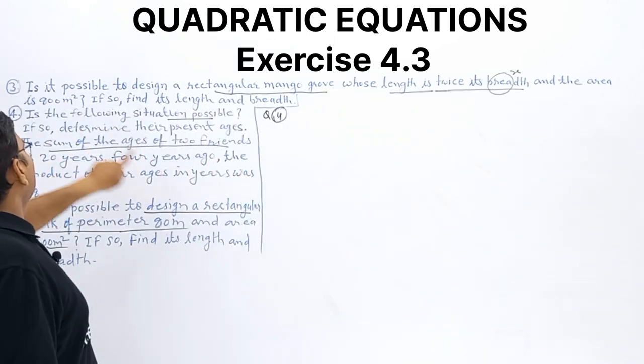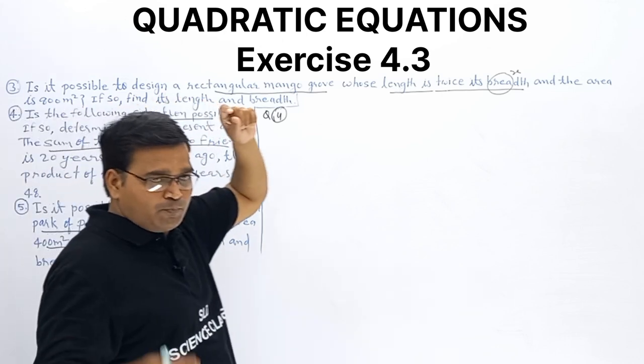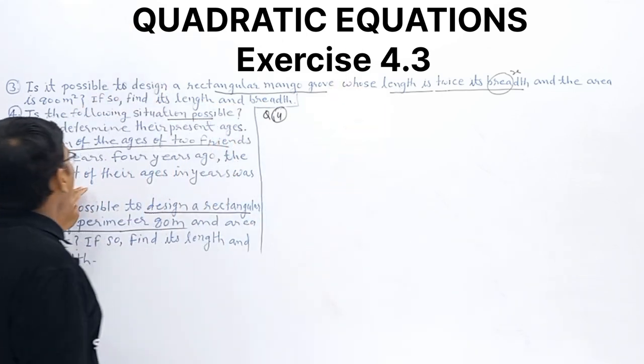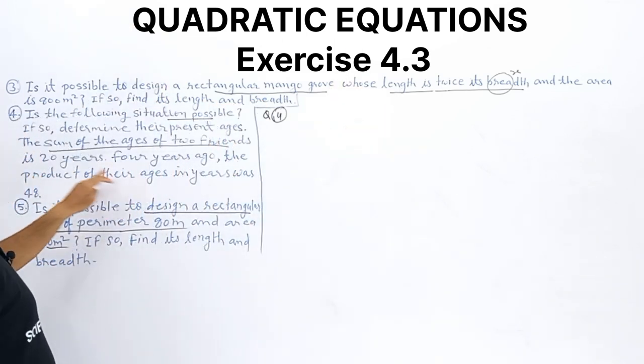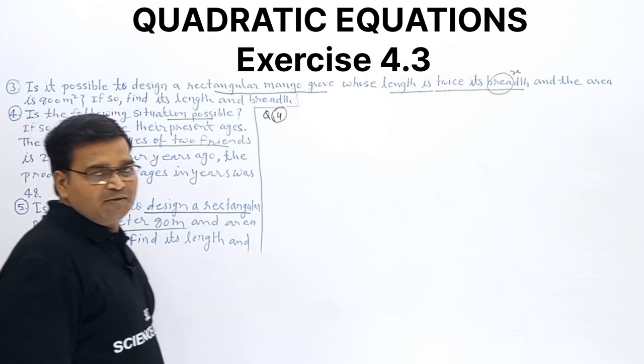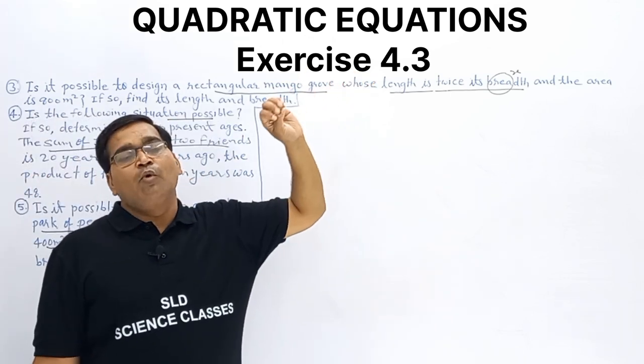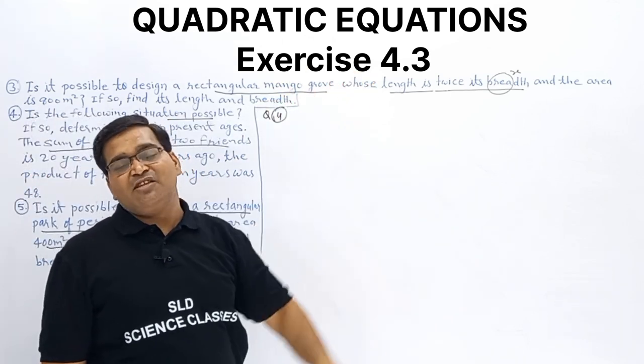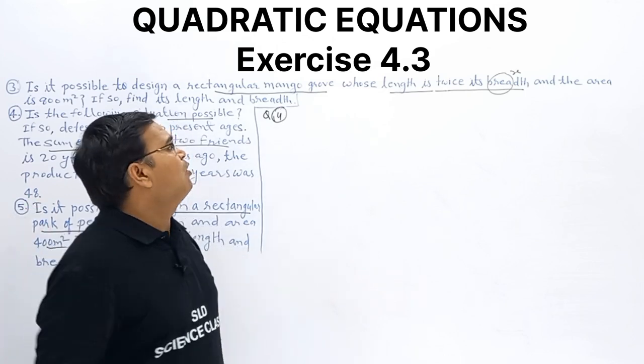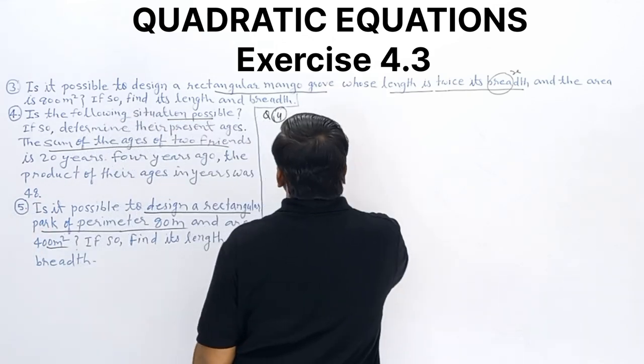4 years ago, the product of their ages in years was 48. 4 years ago, what was the product of their ages given? So we will assume their ages.